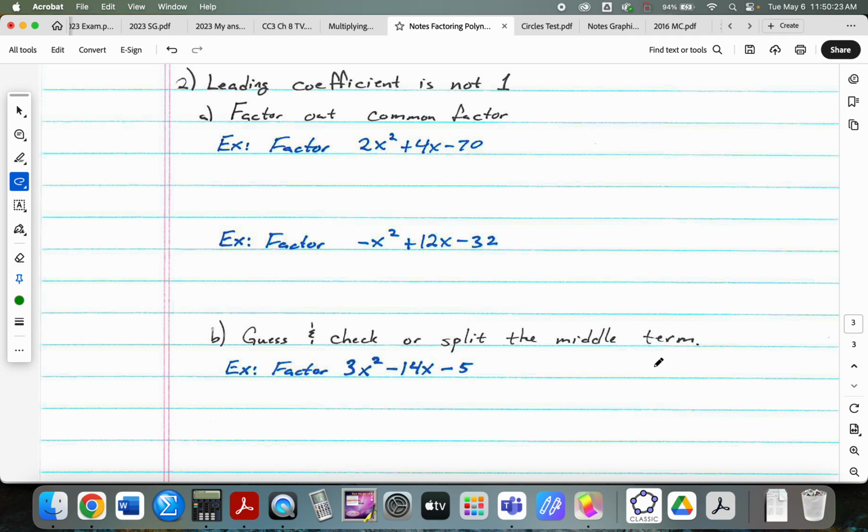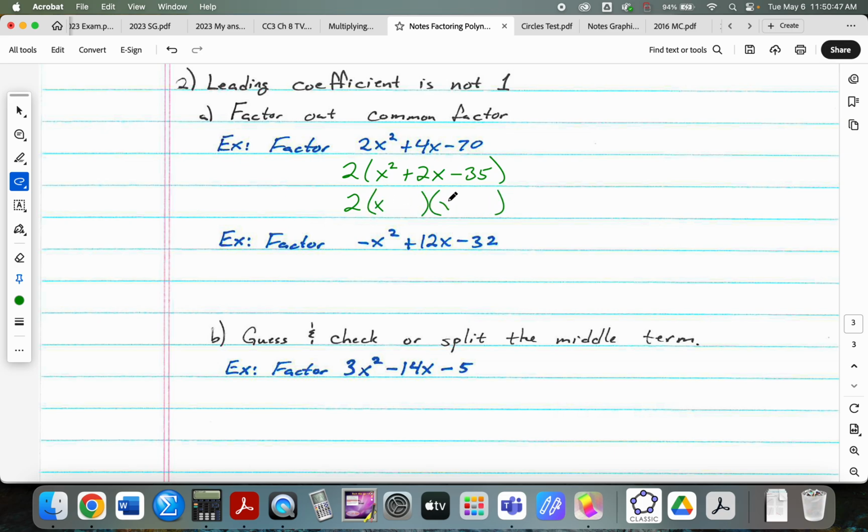Sometimes it doesn't. So on this one, we can factor a 2 out of every term. And then what's inside my parentheses does have a leading coefficient of 1, so I can just factor it like I've been doing the other ones.